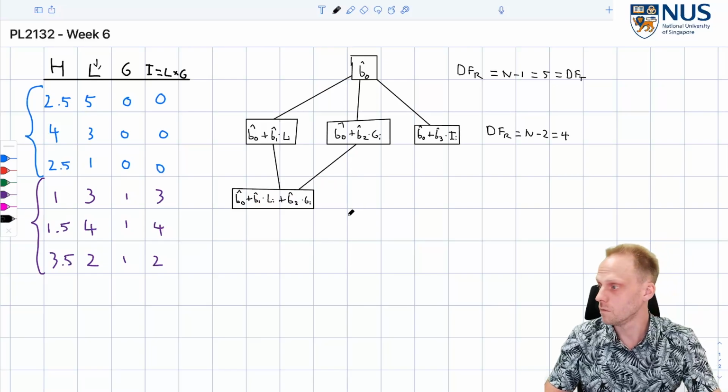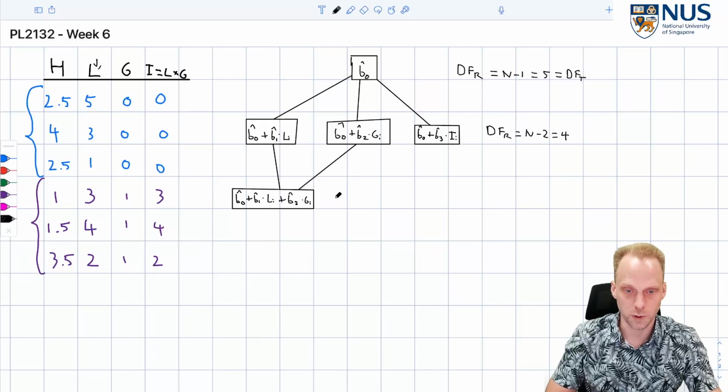Now again, we can also think of some other models we could use. B0 hat plus B1 hat times loneliness plus B3 hat times the interaction effect.